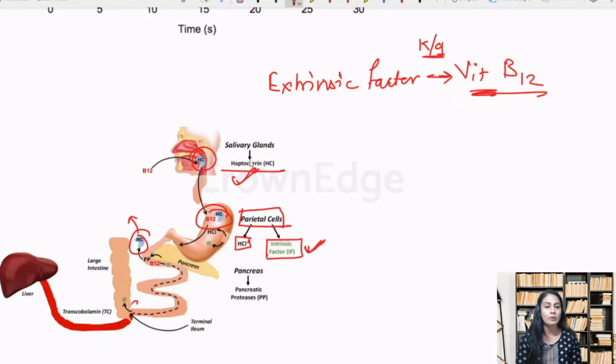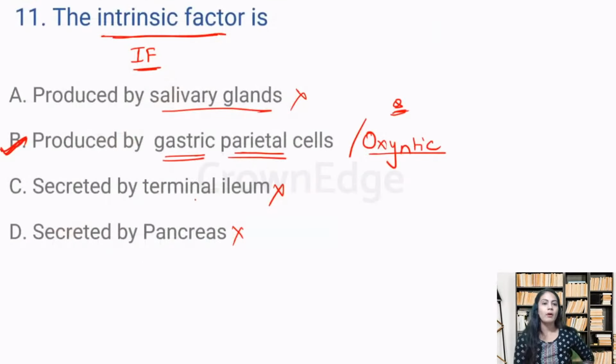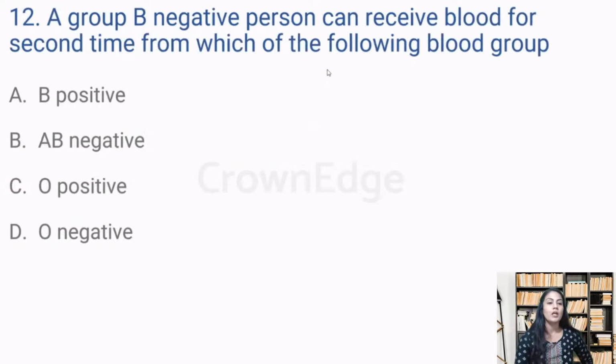Because vitamin B12 is absorbed in the terminal ileum. So the protection to the vitamin B12 from the intestine, remember, is given via your intrinsic factor. So remember, the simple question is asked, so no need to go in detail. Just remember, it is only and only produced by the gastric parietal cells, which are also known as oxyntic cells. Let's go to the next question.